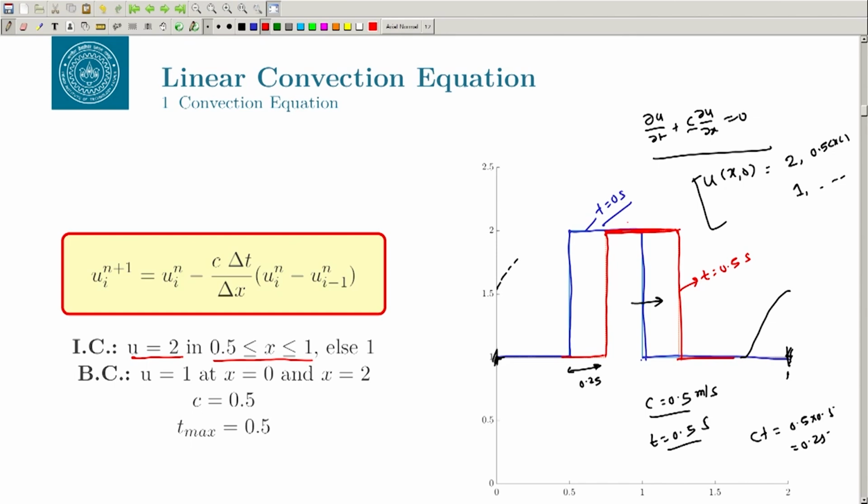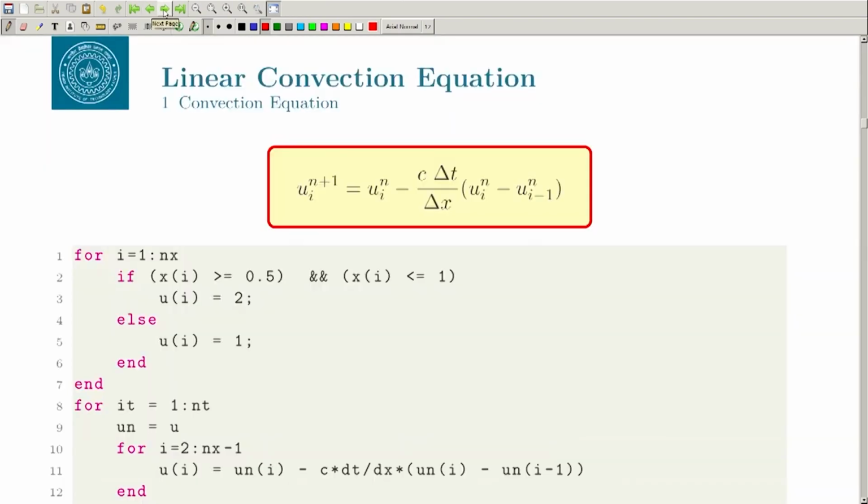Let us see what the intermediate conditions are, what schemes you are using, and what parameters you are using for the solution. You can go back and quickly write a simple MATLAB code. For example, what you see here is my initial condition, where we have defined our wave, and this is the same expression, a pseudo code for solving this equation. This is u_i^n, c delta t by del x, and dt and dx you can fix.